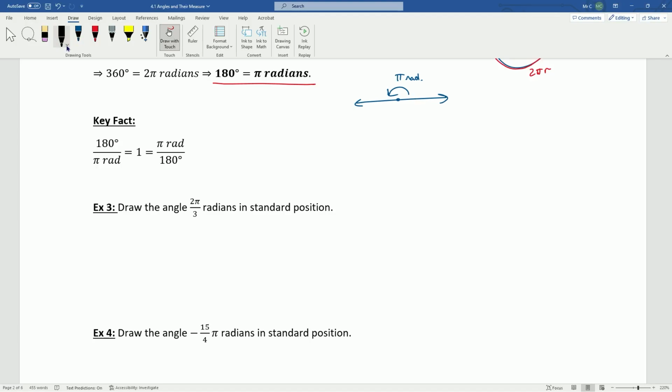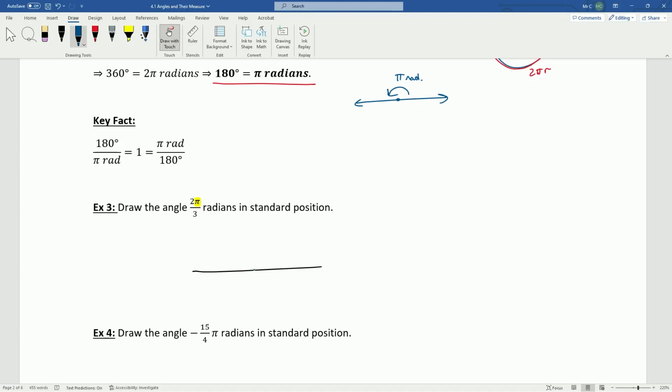Well, I'm going to start by just drawing my XY plane. This says draw the angle 2 pi thirds radians in standard position. So the way you should be thinking of this is 2/3 of pi. All you have to do is start by taking your straight angle, pi, and maybe it would help if we delete the y-axis at first, but you should be able to draw this even with the y-axis in place.